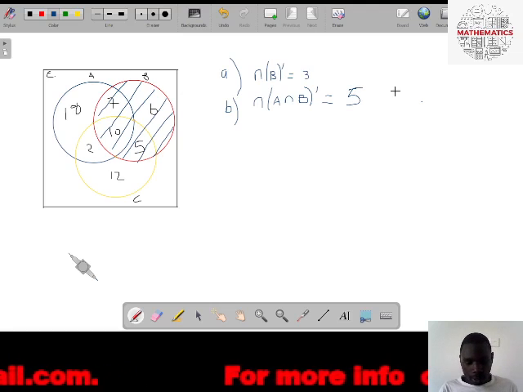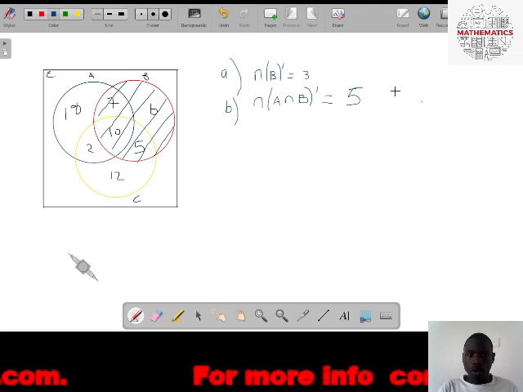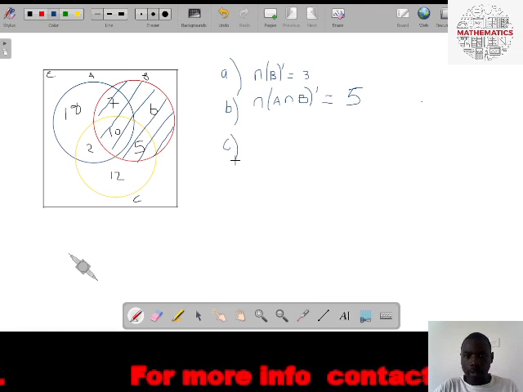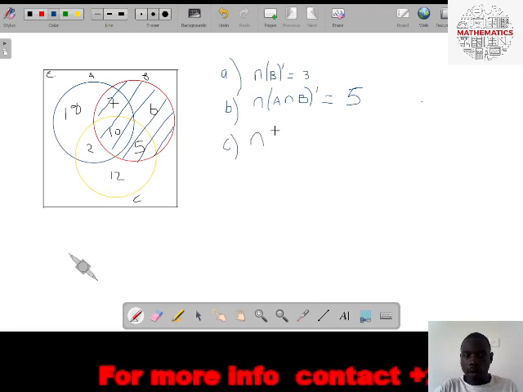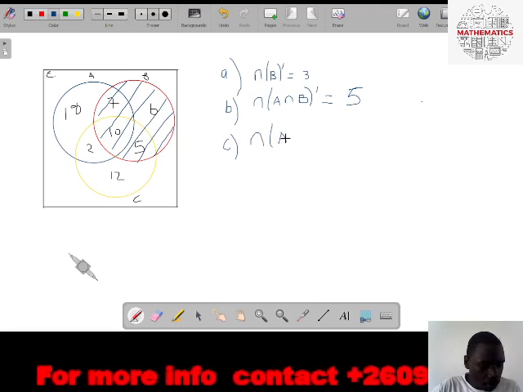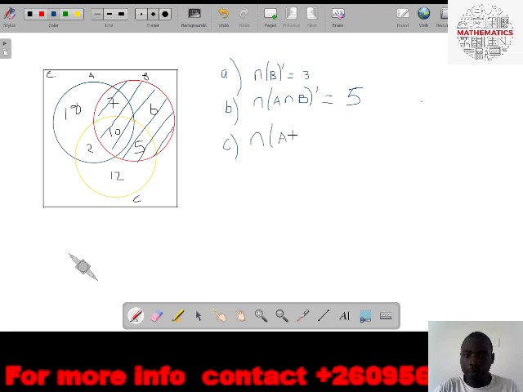The last one says number of A union B complement. So it is C, number of A union B, then complement.